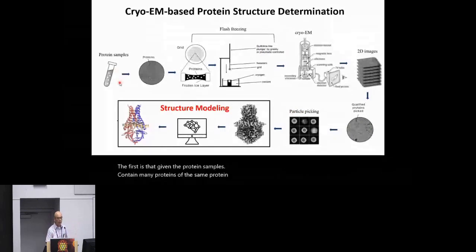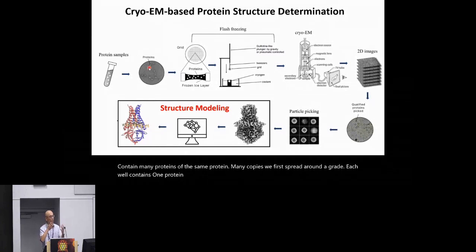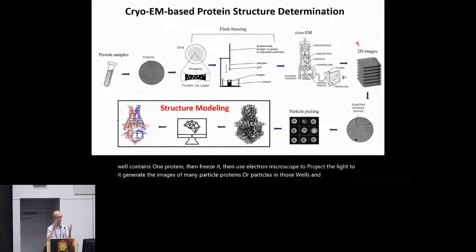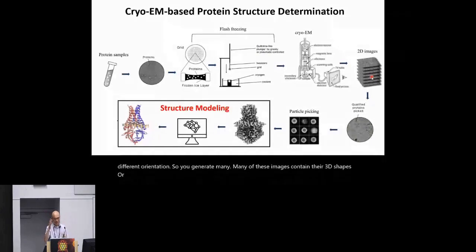We first spread them around a grid, each well containing one protein, then freeze it, then use an electron microscope to project electrons through it, generating images of many proteins or particles in those wells, in different orientations.